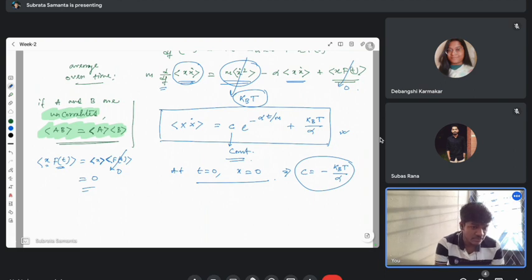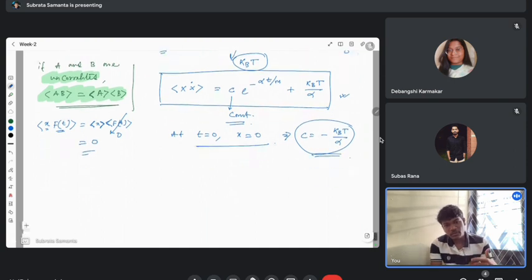Because there is one constant, a first order differential equation gives one constant in the solution, and we just need one initial condition to get this constant. So when we go into second order differential equations in time, we need two initial conditions in order to get the constants. This is the property of differential equations.